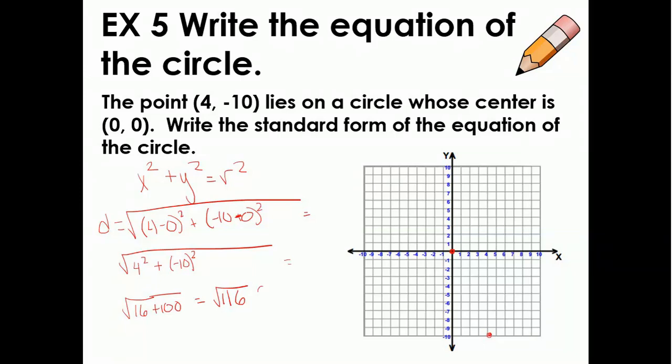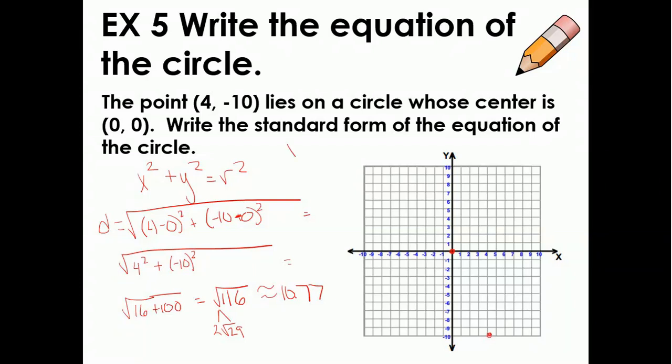Which is approximately 10.77. This does break down to 2 square roots of 29. However, if I would be asking for the radius, the radius is 2 square roots of 29. I probably would be okay with square root of 116 as well. But if it comes out as a nice, let's say square root of 25, break that down, okay?